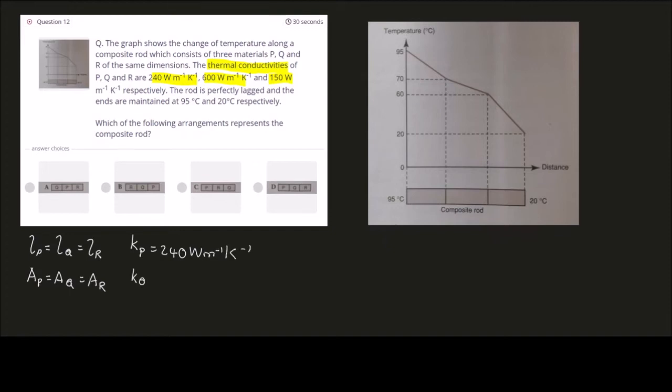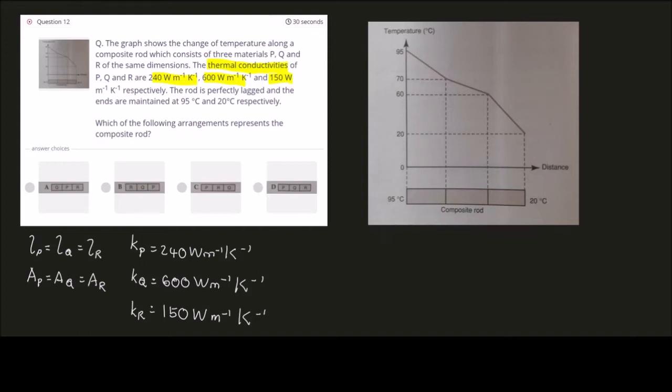K of Q is 600 watt per meter per Kelvin. K of R is 150 watt per meter per Kelvin. So these are the three thermal conductivities.